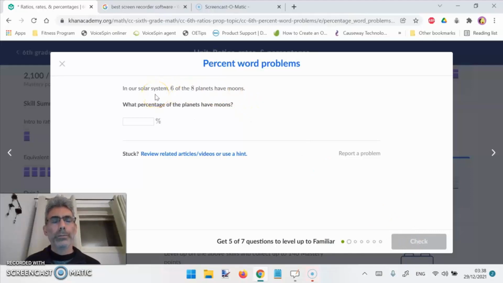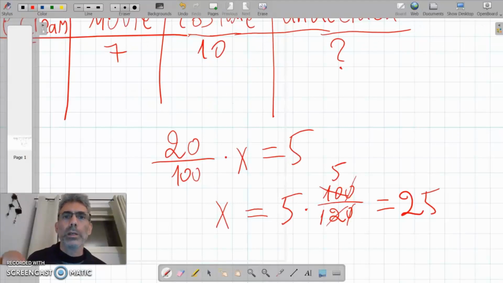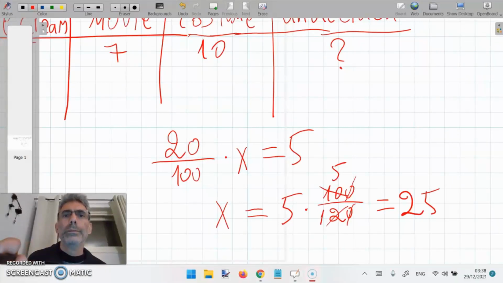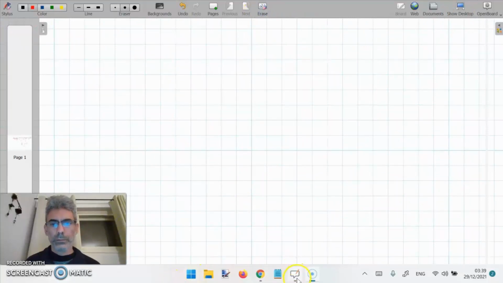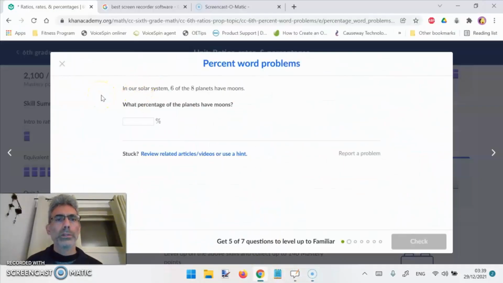In our solar system, 6 of the 8 planets have moons.